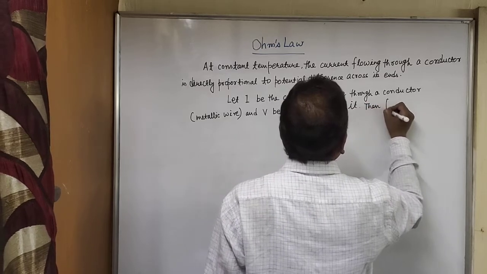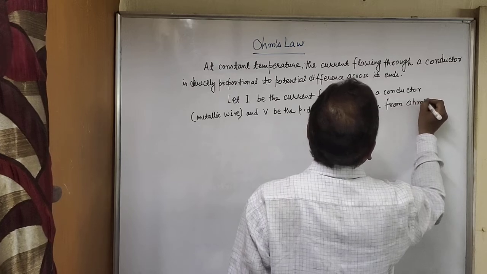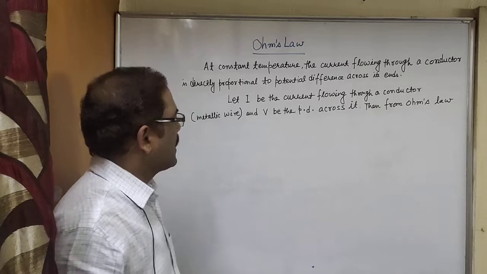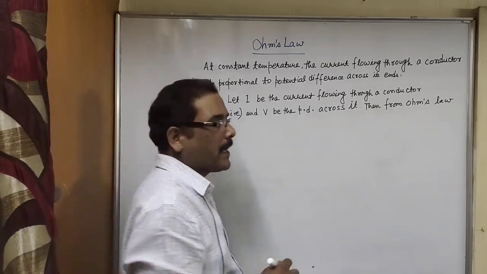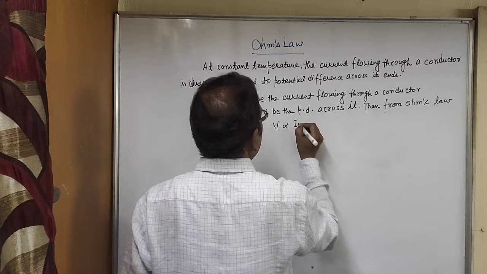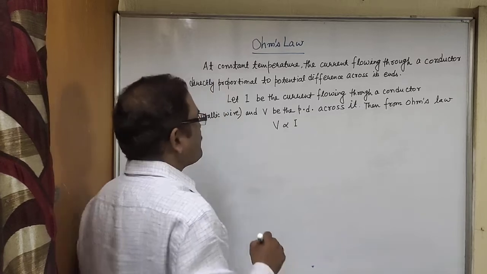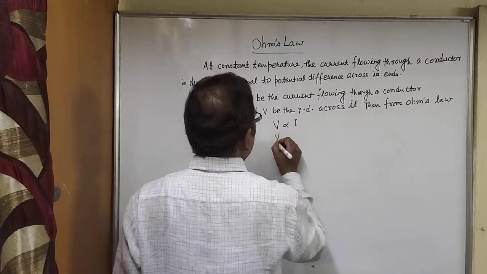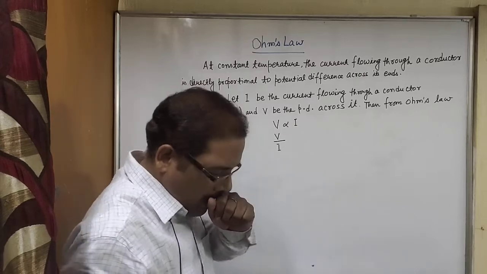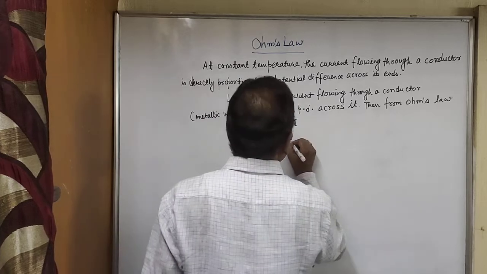Then from Ohm's law, we can write V is proportional to I, or we can write V by I is equal to a constant.